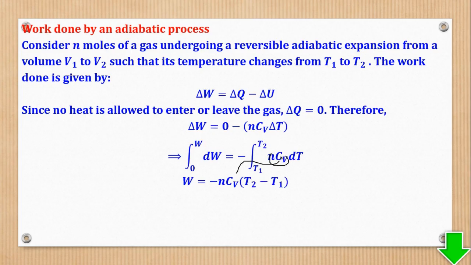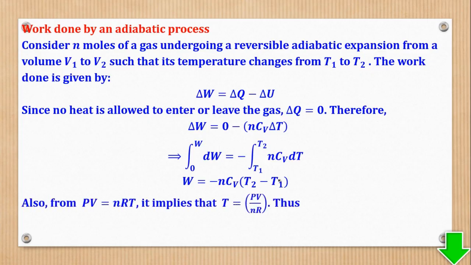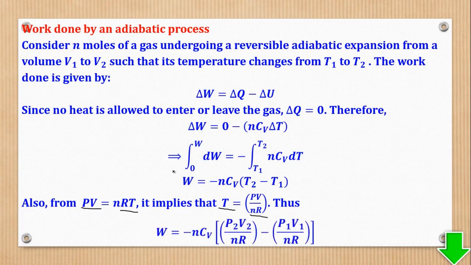When I integrate, I'll come up with T and substitute limits to come up with T2 minus T1. So from PV equal to nRT, it implies that T is equal to that. Therefore, actually this is one formula for work done by an adiabatic process in case you are given temperature.